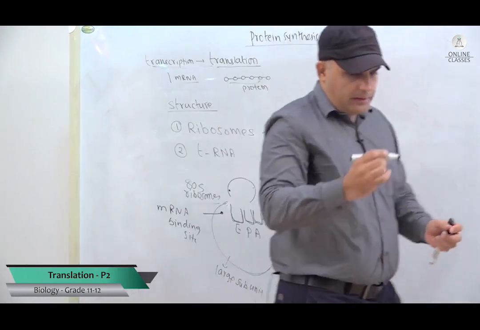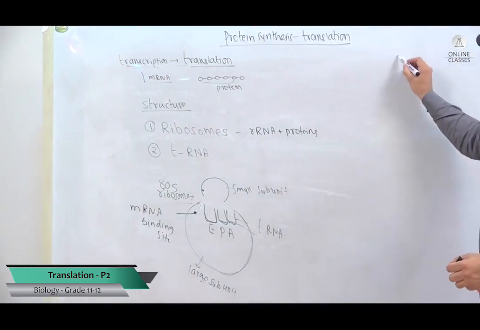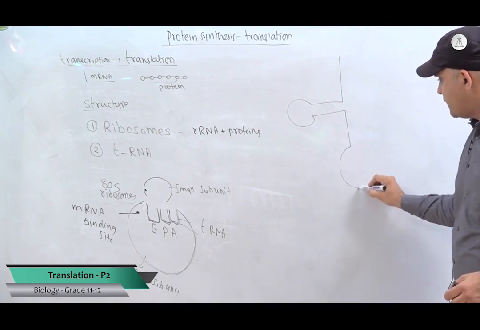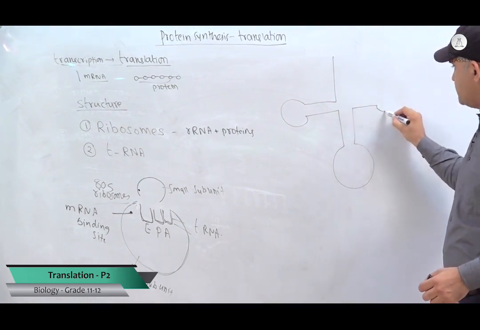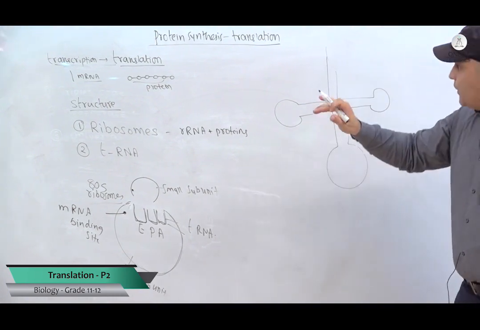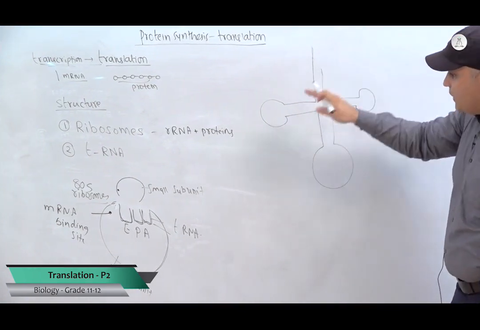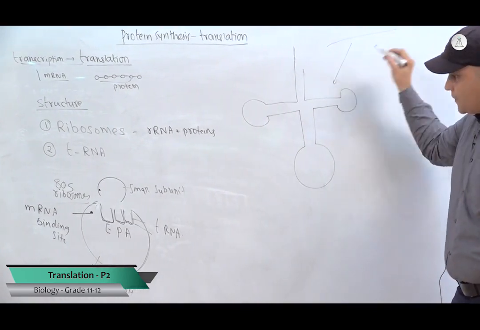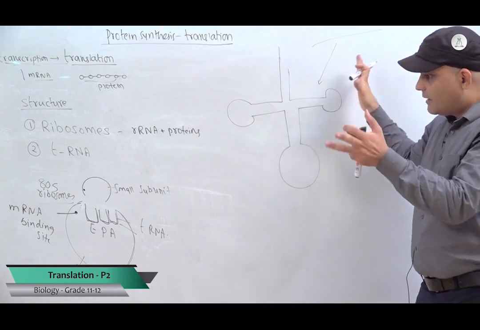The next thing is about tRNA. So how does tRNA look? This is a tRNA molecule. I am drawing very roughly here. Actually it's a single strand of RNA which has been folded like this. So don't say it's a double helix or anything.